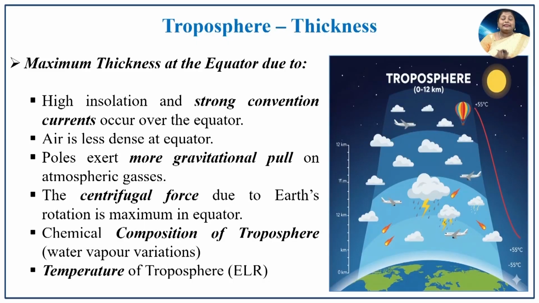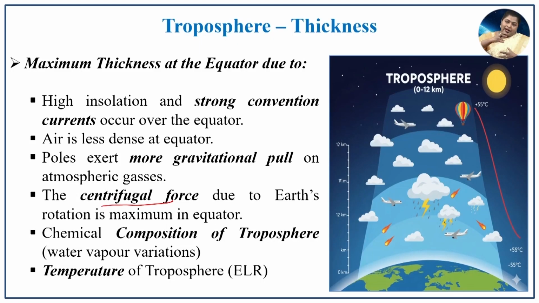And the next one is centrifugal force, as well as another force common due to the Earth's rotation, that is Coriolis force. The centrifugal force and Coriolis force, due to the rotation of the Earth, are maximum where? That is in the equatorial region. It is also one of the factors which contributes to this thickness at the equator.